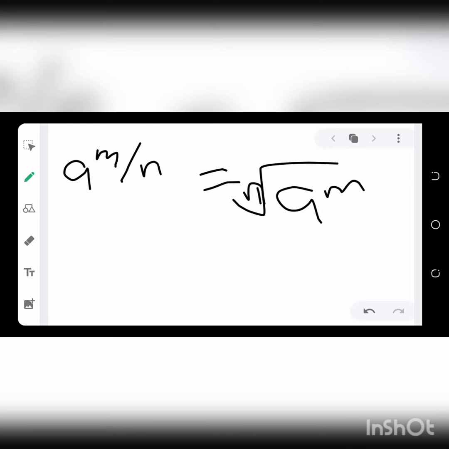Just like if I have, for instance, 125 raised to power 2 over 3.